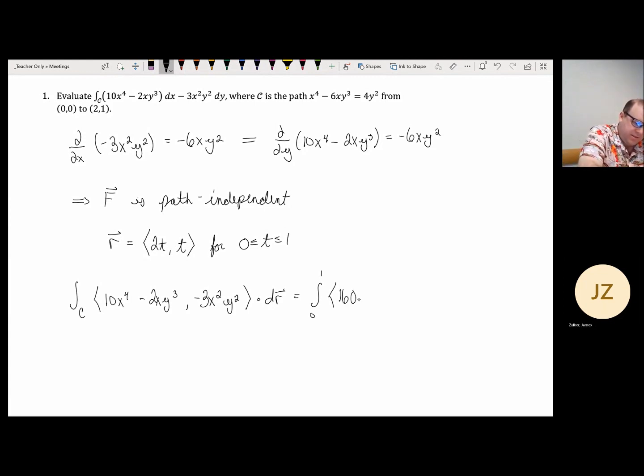160 t to the fourth minus 4t to the fourth.